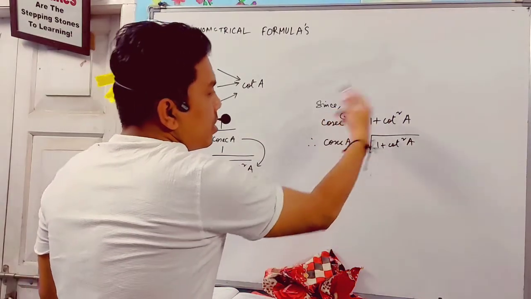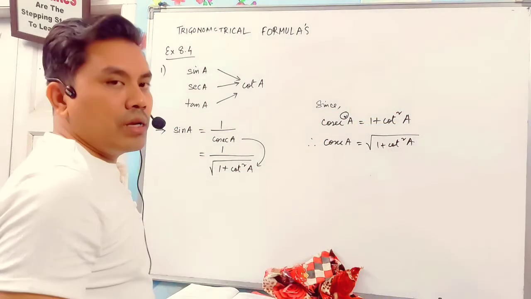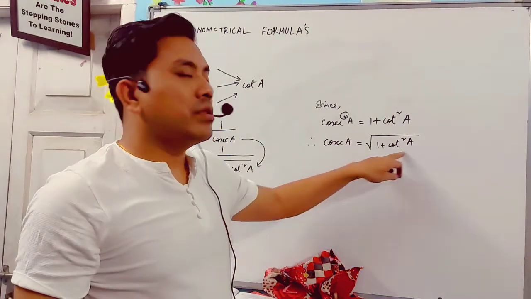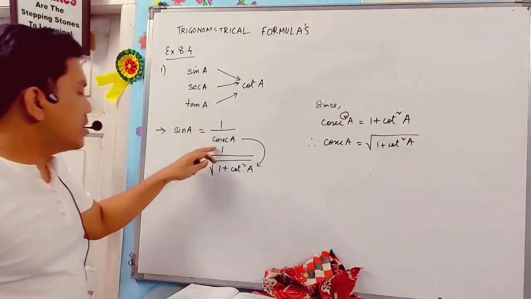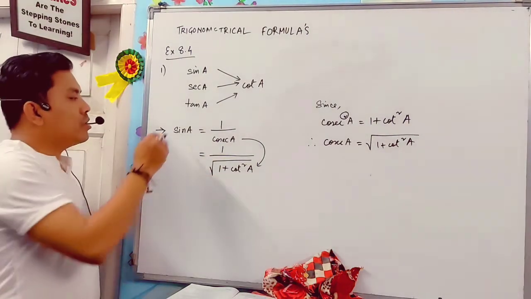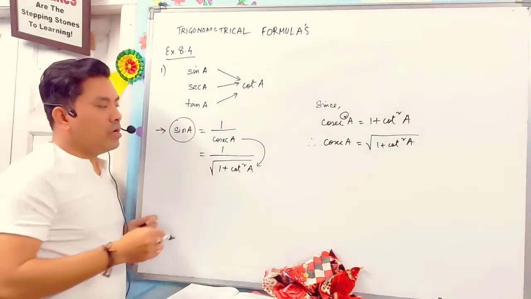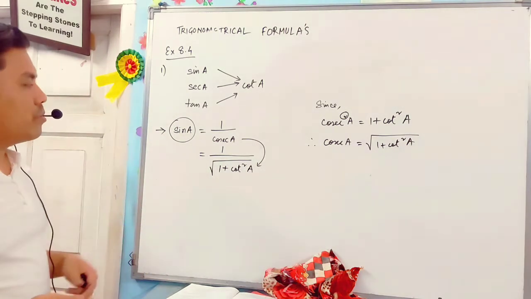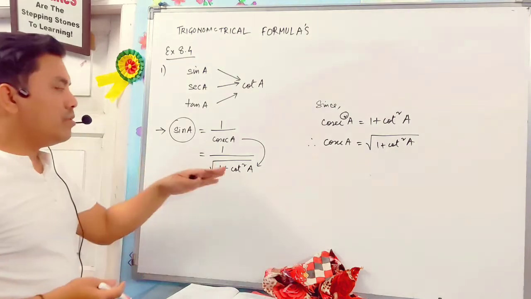If you transpose the square to the other side, it will become square root. So, in place of cosec A, we can write this. You can see that the trigonometrical ratio was sin A before. Now, we have converted to cot A. So, this is how we will convert from sin A to cot A.